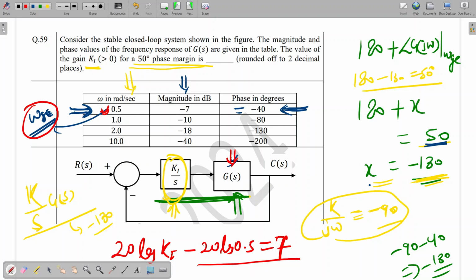20 log K minus 20 log 0.5 is equal to 7. So 7 plus 20 log 0.5 equals 0.979.